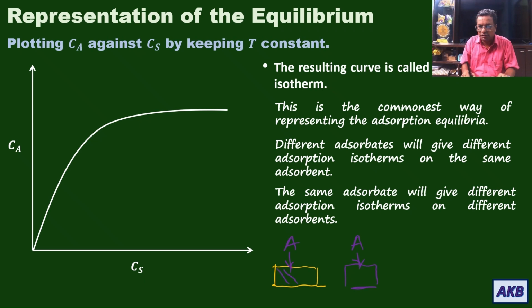For this adsorption phenomenon I will get one adsorption isotherm, and on the other adsorbent I will get a different adsorption isotherm. So A will give different adsorption isotherms on different adsorbents.